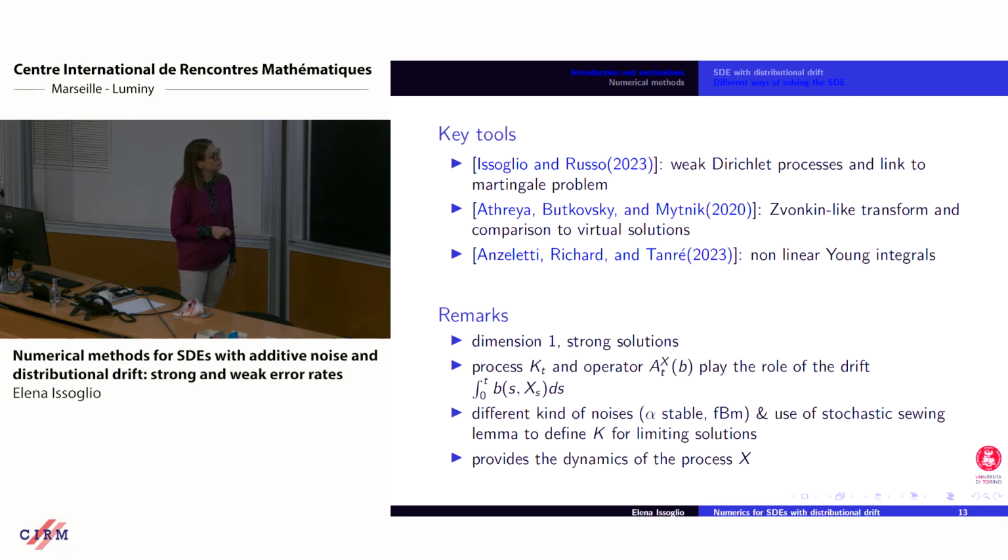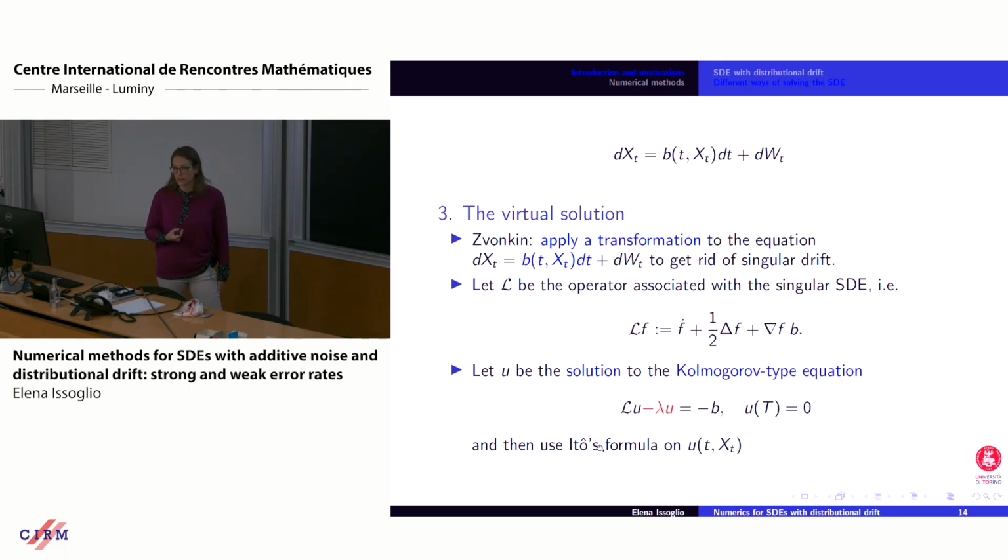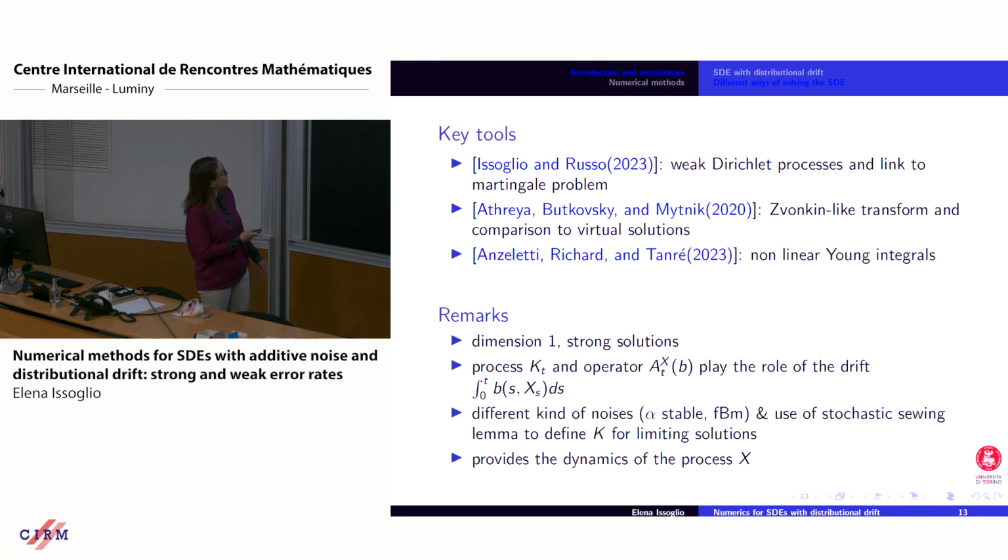And to do that, you make use of the stochastic sewing lemma, basically to define K. The good thing about this is that, at the limit, it provides the dynamics of the process. So this looks like it's better suited to define the scheme. However, then to prove that the scheme converges, you still don't have the limiting object. I mean, the limiting object is K, and you don't know what it is. It's a limit. So it looks a bit better, but not quite.